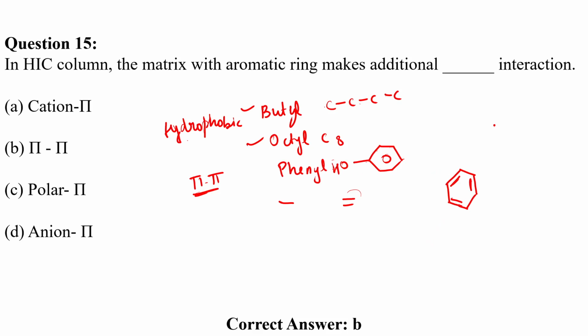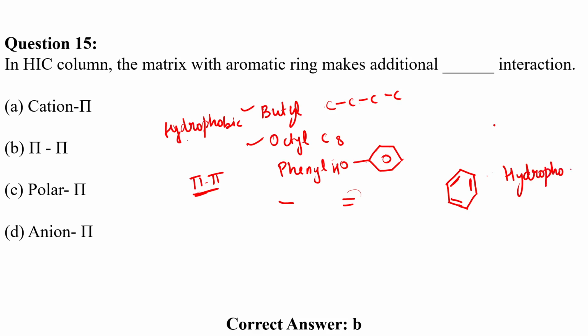So if I have a matrix where the benzene ring is the side chain, like it is exposed out of the matrix. Okay. So now I add a hydrophobic molecule. Hydrophobic molecule will interact with this ring by hydrophobic interaction. Okay.